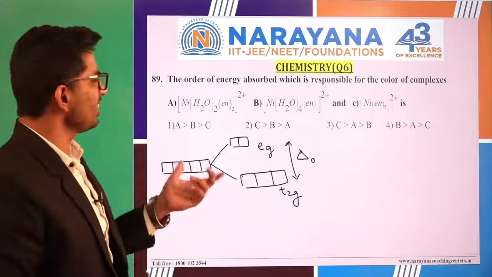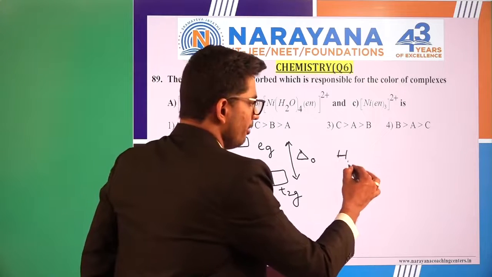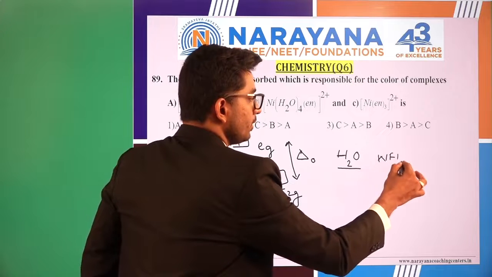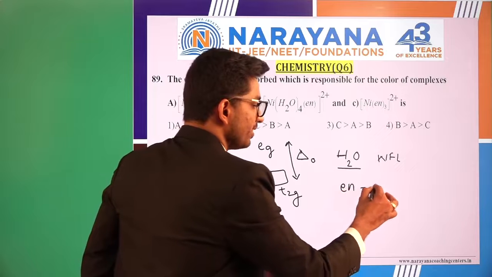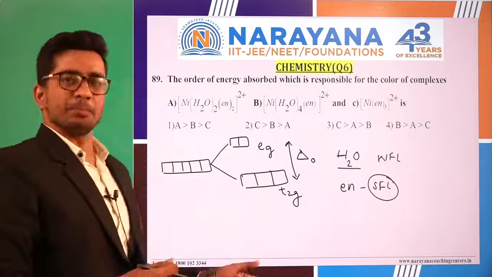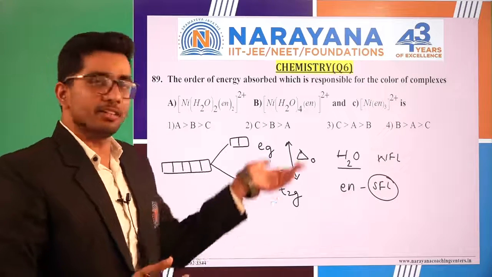So here just think, we know water is basically a weak field ligand, it is not a strong field ligand, whereas EN, that is ethylene diamine, is a strong field ligand. So the stronger the field ligand, the more will be the splitting and more energy will be absorbed while making the transition.